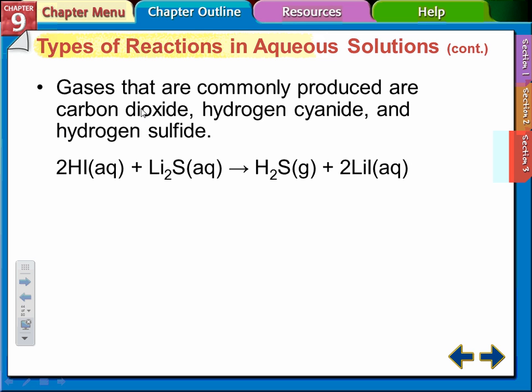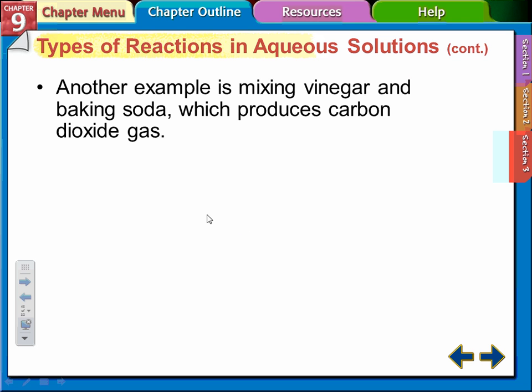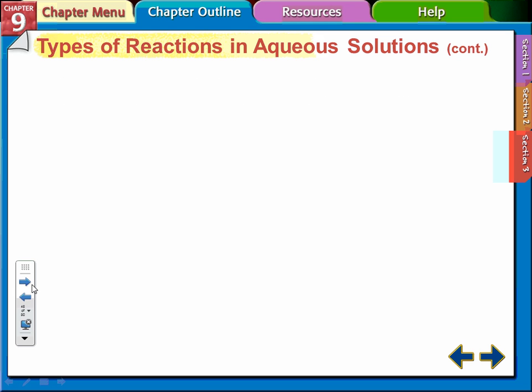Gases are commonly produced: carbon dioxide, hydrogen cyanide, and hydrogen sulfide. This reaction takes hydrogen iodide and lithium sulfide, and it produces hydrogen sulfide gas. That's this compound here. And the lithium and the iodine stay in solution. So the lithium and the iodine are the spectator ions in this equation. If we were writing the net ionic equation, I'll write it for you.